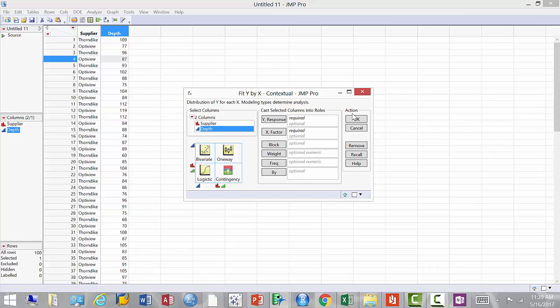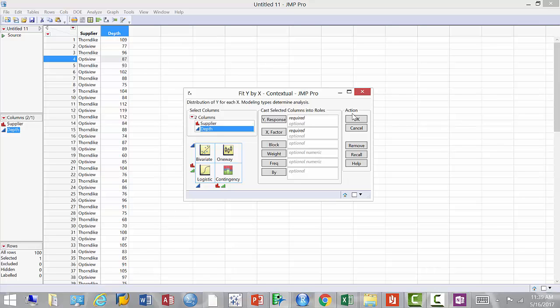In ANOVA, we have the notion of the measurement and the notion of the factor. What's a measurement? Measurement is something that we're measuring, okay? So this is a dependent variable, so to speak, okay? So here I'm measuring depth, how long does it take for the goggles to start leaking.